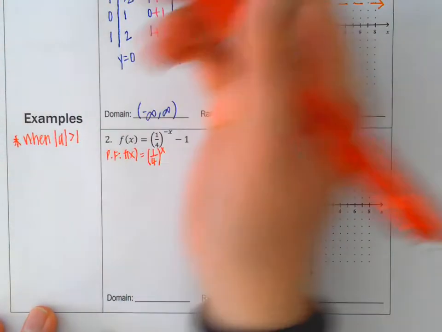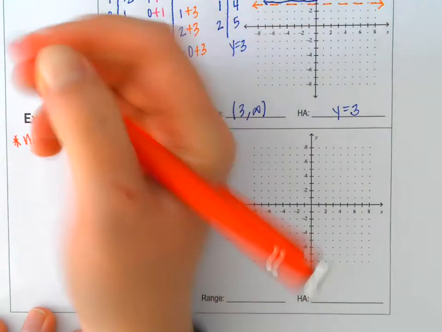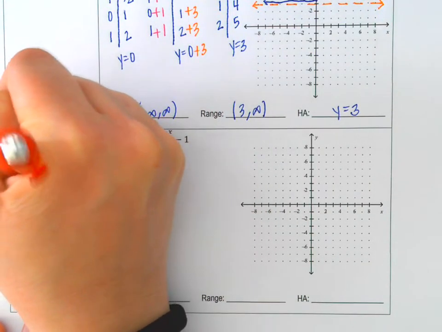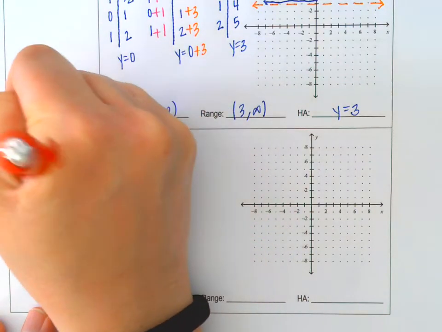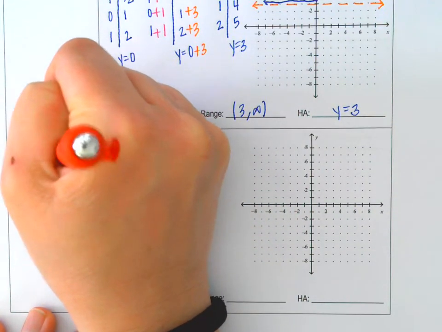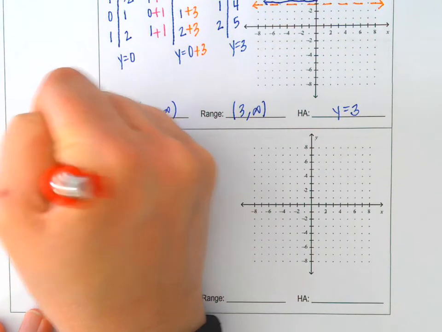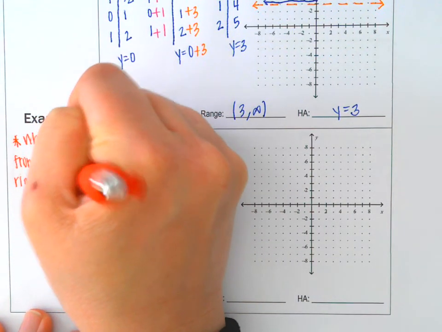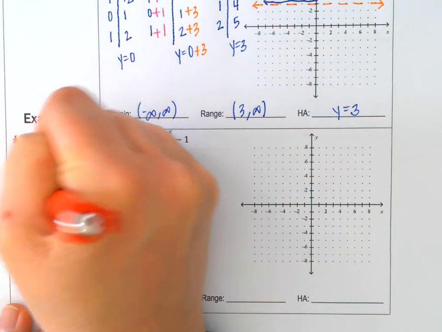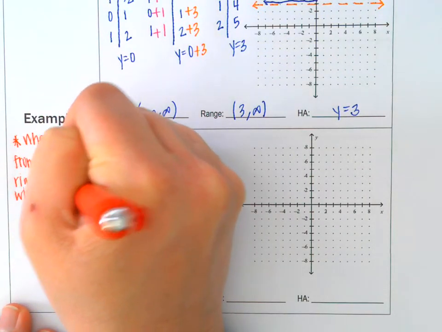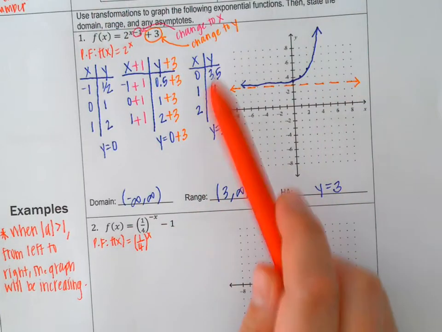So when the absolute value of A, the base, is greater than 1, from left to right, the graph will be increasing. Just like it was on this one. From left to right, it's going up.